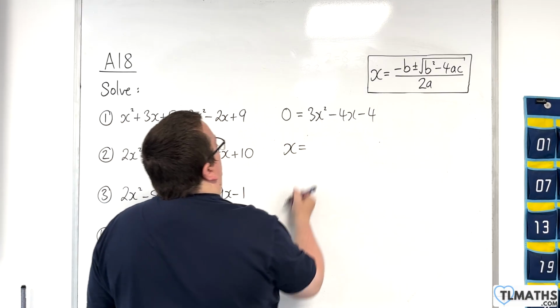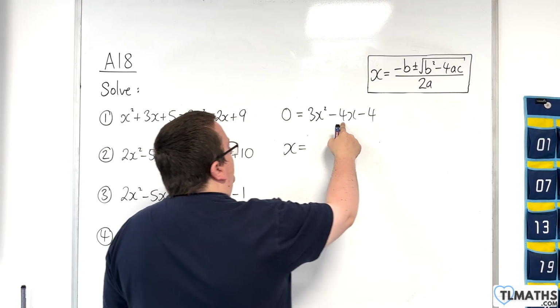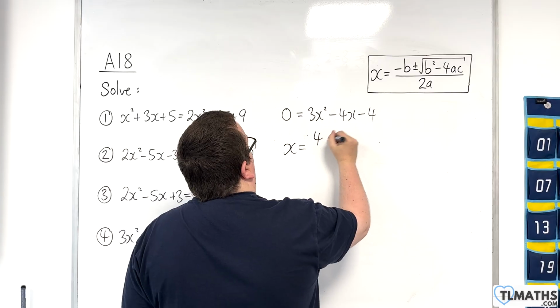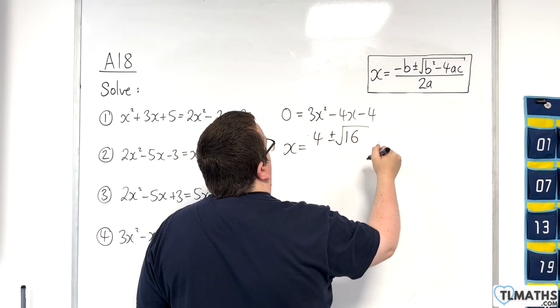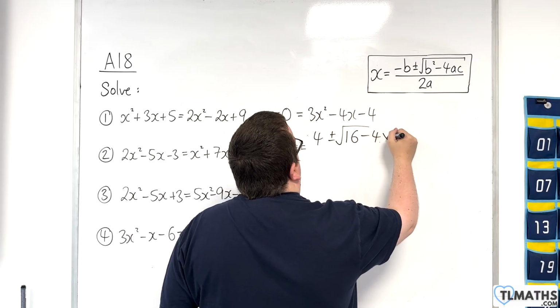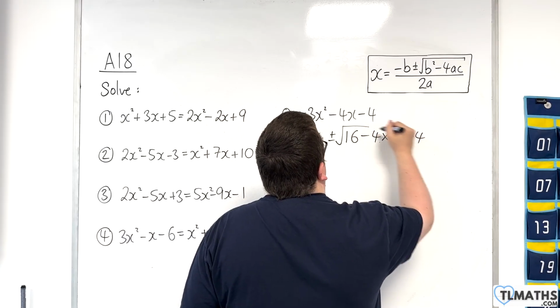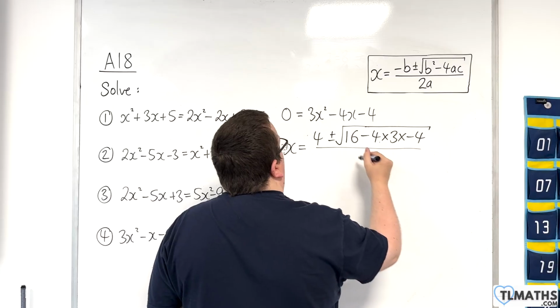So x is going to be minus b. So minus minus 4, so 4, plus or minus b squared, so 16, take away 4 times 3 times minus 4, all over 2a.